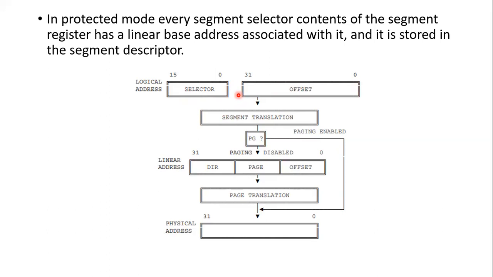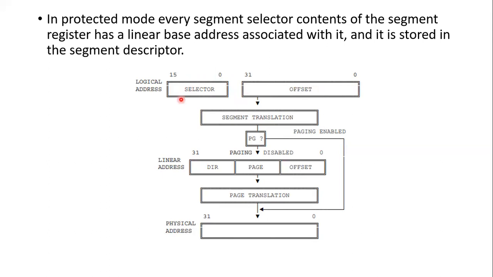What is the task of a selector? It is used to point to a descriptor for a segment in a table of descriptors. After that, the linear base address from the descriptor is then added to the 32-bit offset.